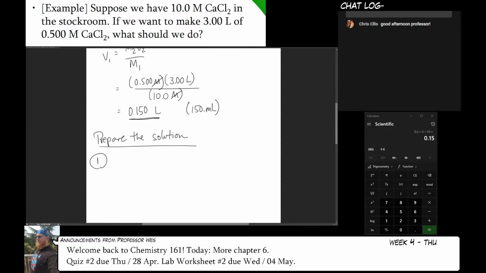We would do the same three-step process. So step 1 would be to add 150 milliliters of the stock solution, which was 10 molar calcium chloride. 2A. What size flask do we need? We needed 3 liters, so we'll say 3-liter flask.